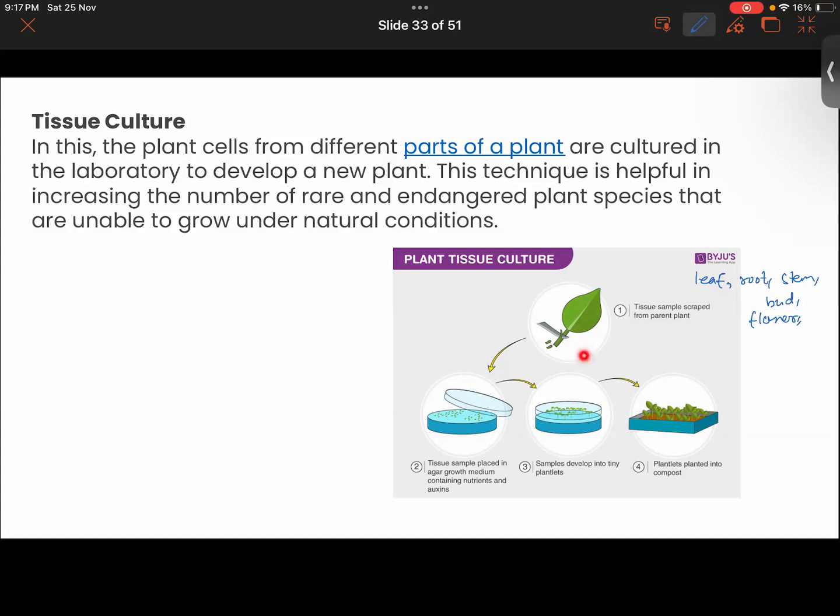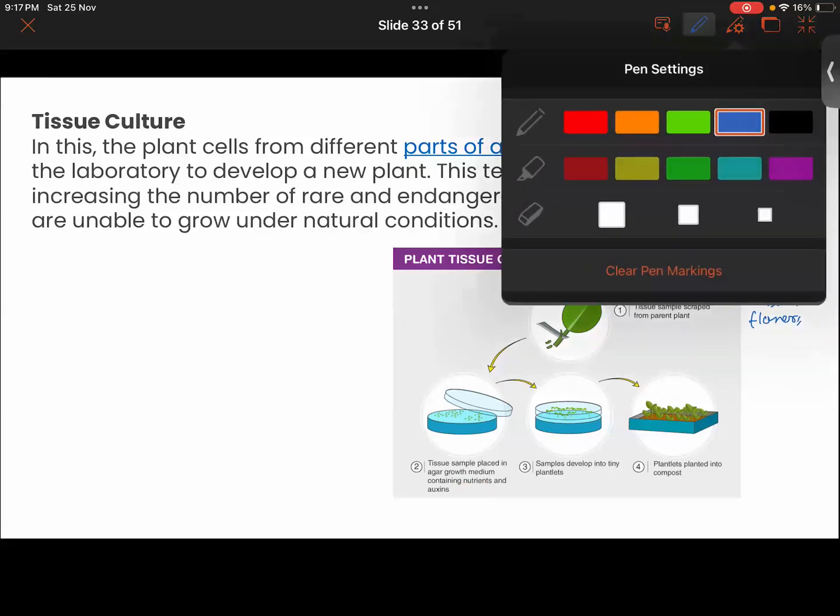Now you will be sterilizing it and keeping it in a specific medium. See here, the tissue sample is placed in an agar growth medium containing nutrients and oxygen.